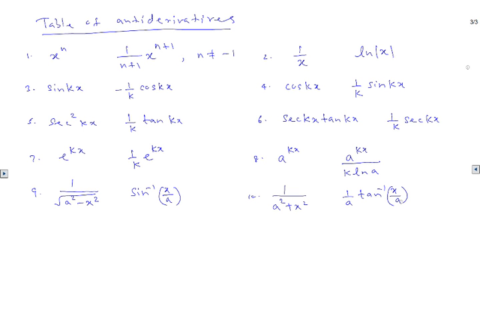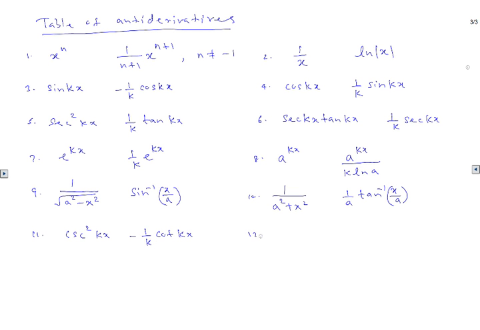Yeah, so I can give you maybe 2 more. 11, cosecant squared kx, which is negative 1 over k cotangent kx.